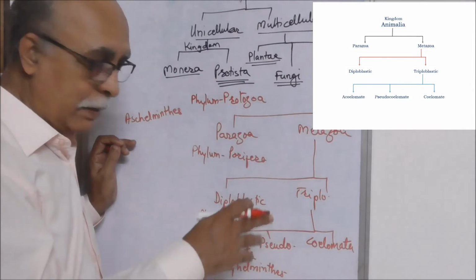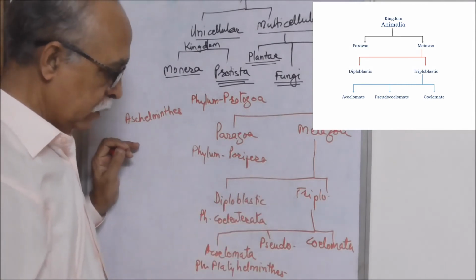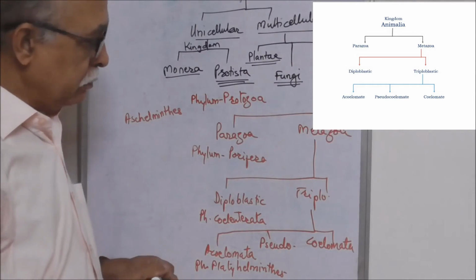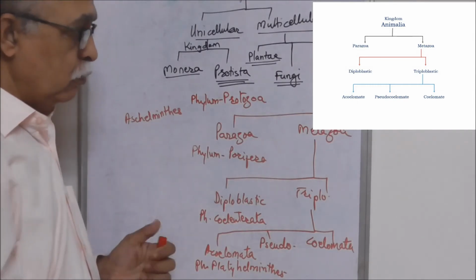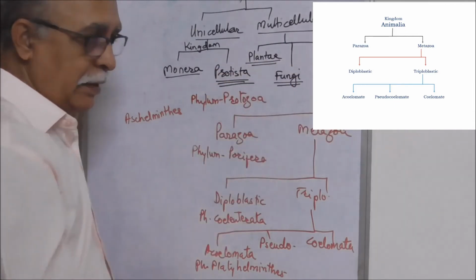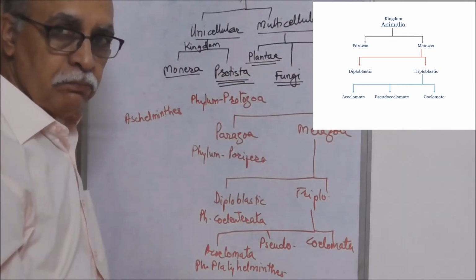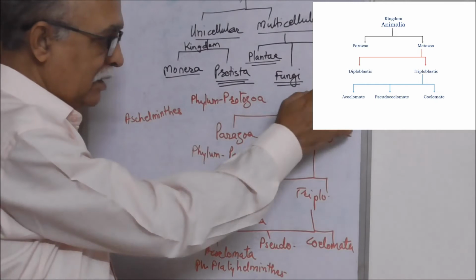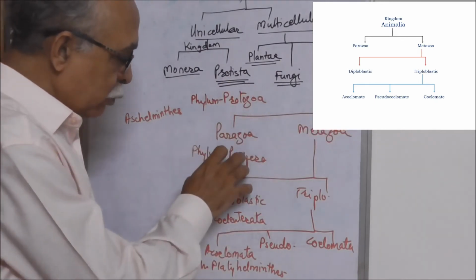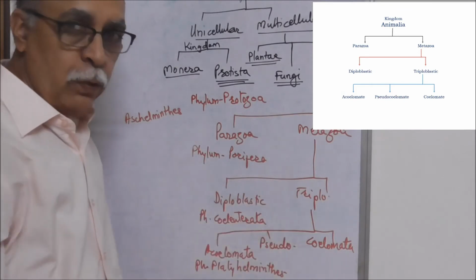We will talk about them in due course of time. So that's a broad outline of the division of Protista and Animalia, that is Kingdom Protista and Kingdom Animalia. Details of each phylum we will take up in further course of time.